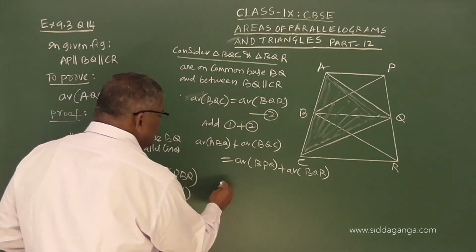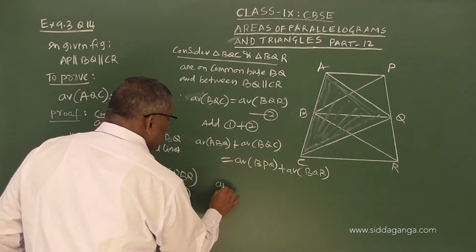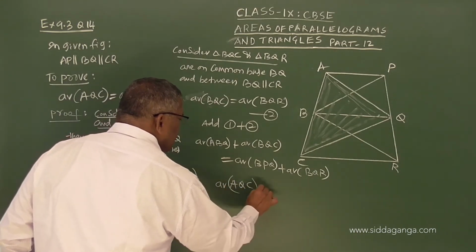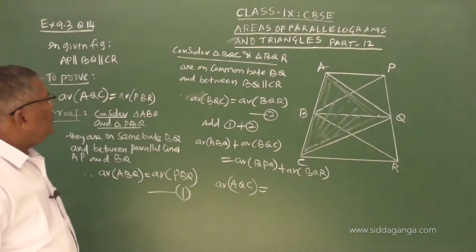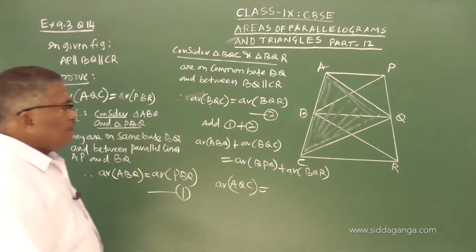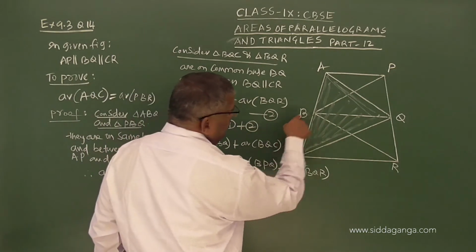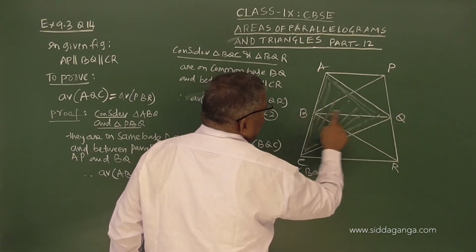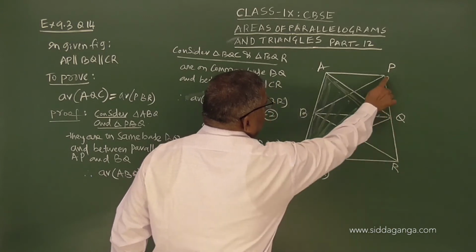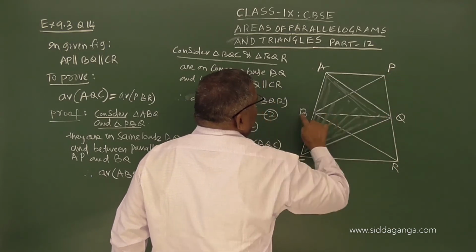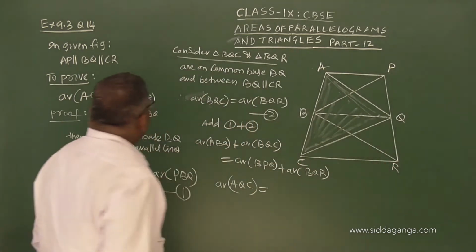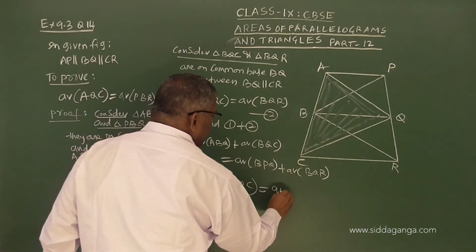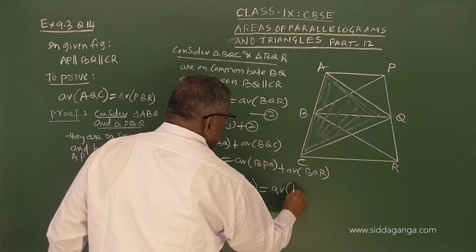So left hand side is area AQC, and right hand side, BPQ plus BQR is nothing but BPR or PBR, equals area PBR.